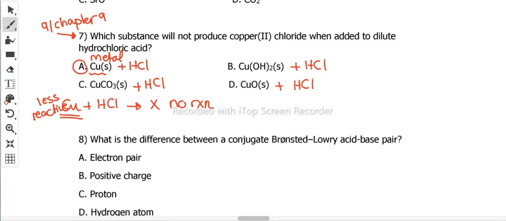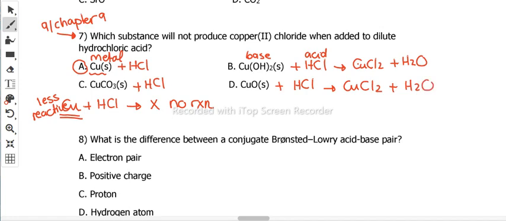But continuing with the other choices, if you look at the copper hydroxide, it's a base. It may react definitely with an acid, so this will form salt and water. So there will be a production of copper chloride plus water molecule. The same situation for the second, so this will also form copper chloride plus H2O.